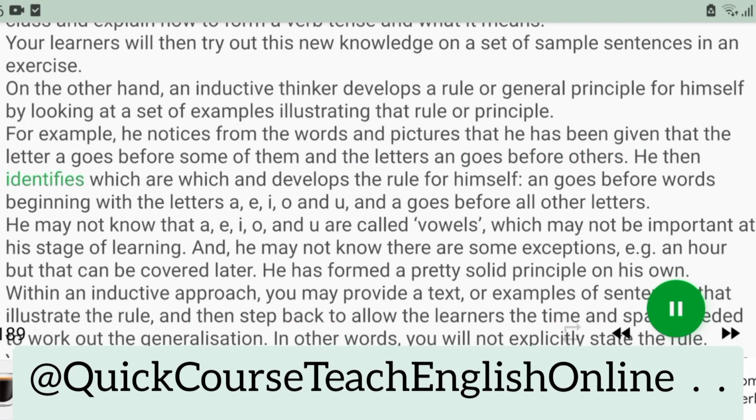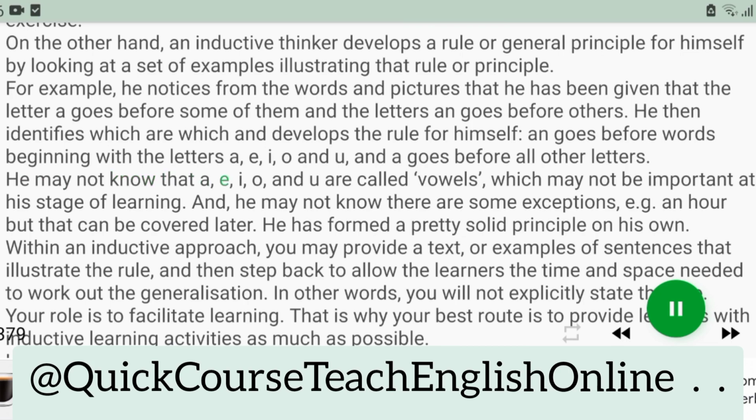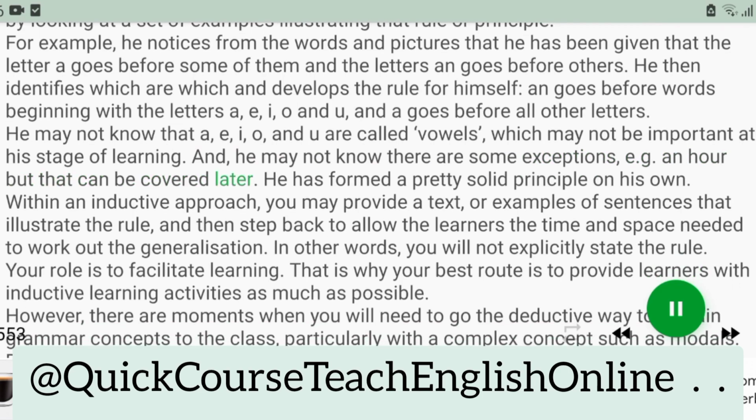He then identifies which are which and develops the rule for himself: AN goes before words beginning with the letters A, E, I, O and U, and A goes before all other letters. He may not know that A, E, I, O, and U are called vowels, which may not be important at his stage of learning. And he may not know there are some exceptions, e.g. an hour, but that can be covered later. He has formed a pretty solid principle on his own.